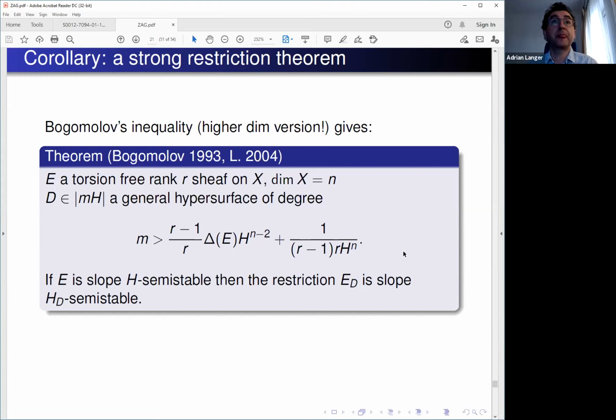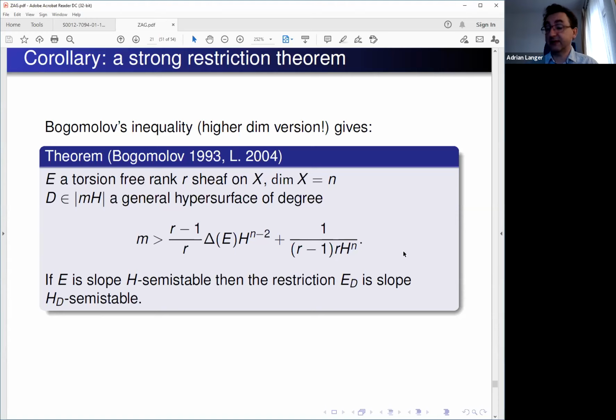So now you see that this theorem says that if we have a torsion-free sheaf which is slope semi-stable, then if we restrict to a general hypersurface of degree that can be effectively computed using the degree of the discriminant, then the restriction is still slope semi-stable.